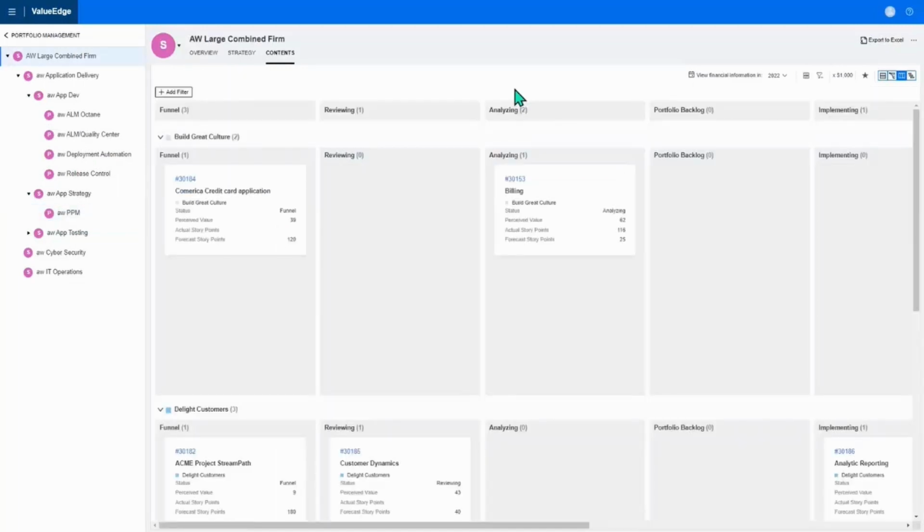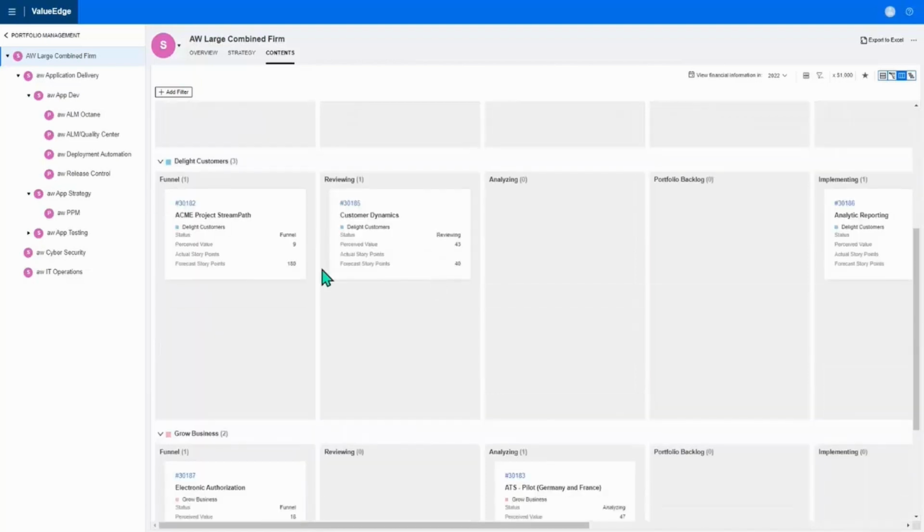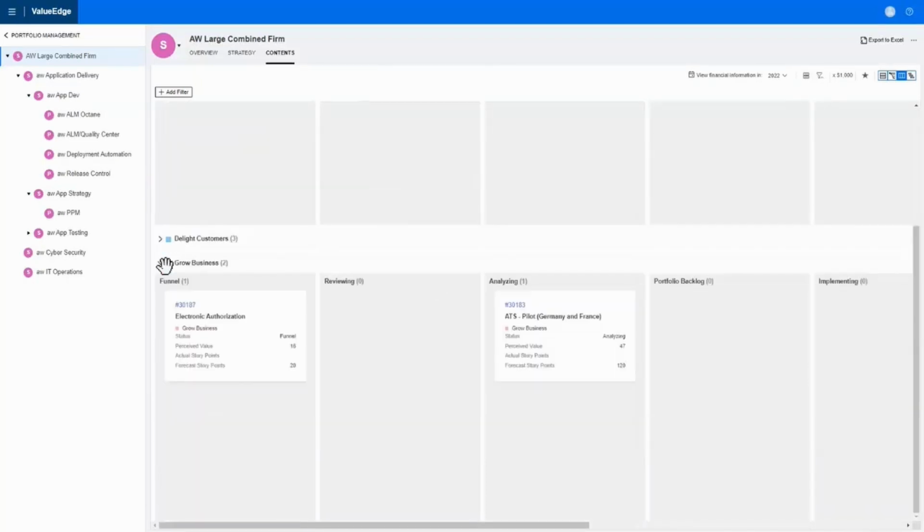So this third view that we're looking at is referred to as the board view or the Kanban board view. It's a way of plotting, based on the state or the status that the work is in, across those different channels. This is also a view where dragging and dropping based on the criteria is available. If we scroll down, you'll see that it's being grouped by the strategic theme.